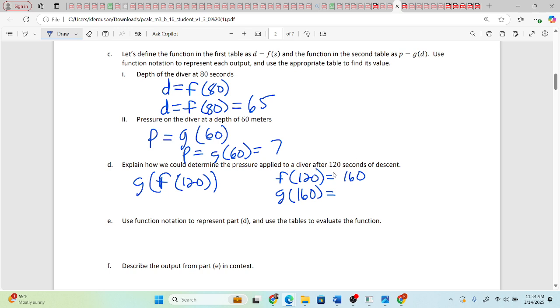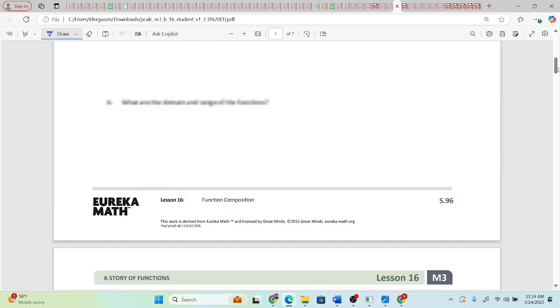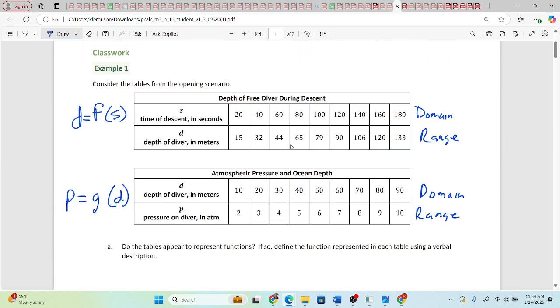We put in 120 seconds. So at 120 seconds, what's my depth? Look at the chart. If I said 160, I apologize, because you plug in 120 seconds and you get 90.